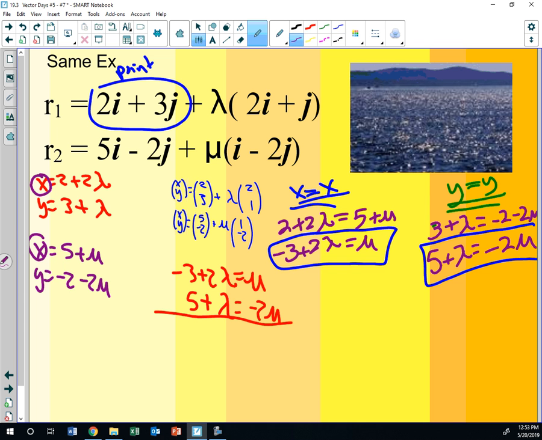Let's multiply the bottom by -2. So this is going to give me -3 plus 2 lambda equals mu. And on this other one, you're going to get -10 minus 2 lambda equals 4 mu.